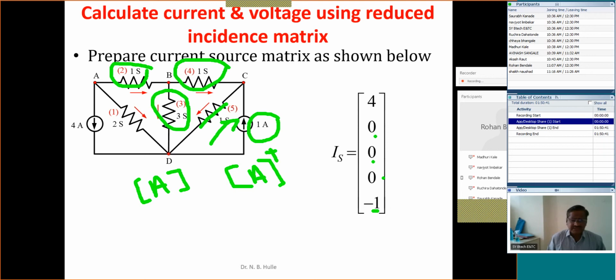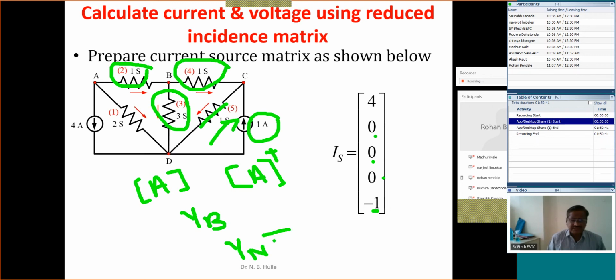Then we have obtained this YB, that is the branch admittance matrix, and using these three elements, we have prepared this YN to be exact.